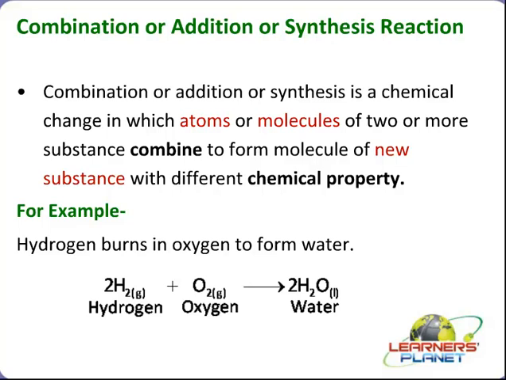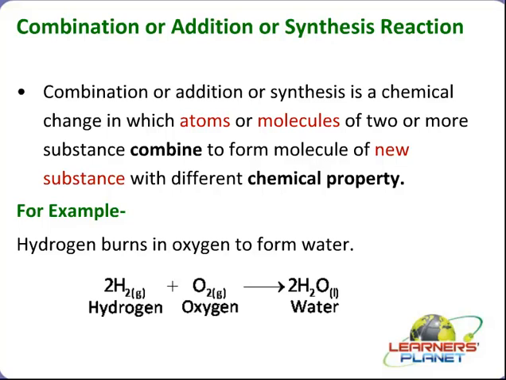Combination or addition or synthesis is a chemical change in which atoms or molecules of two or more substances combine to form a molecule of a new substance with different chemical properties. That is, the molecules are added and they form a new substance with a different property.